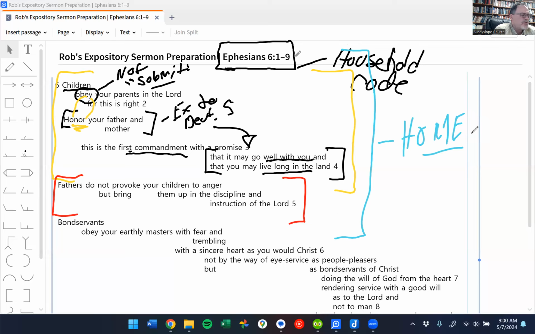The children would just be told that they need to obey their parents. But Paul does add a specific instruction for parents, or for fathers, I should say. And that's worth noting, because fathers ordinarily wouldn't be given instruction.